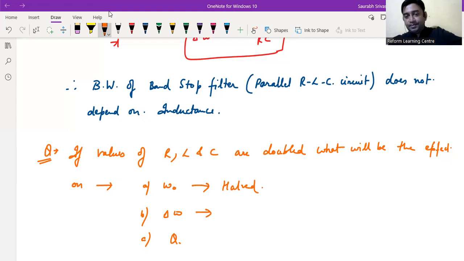Quarter times, 1/4. Delta omega is R by L for series. What is Q? Quality factor will also be half.